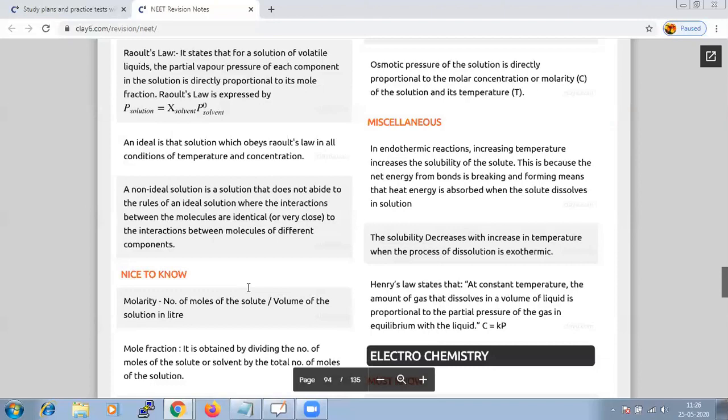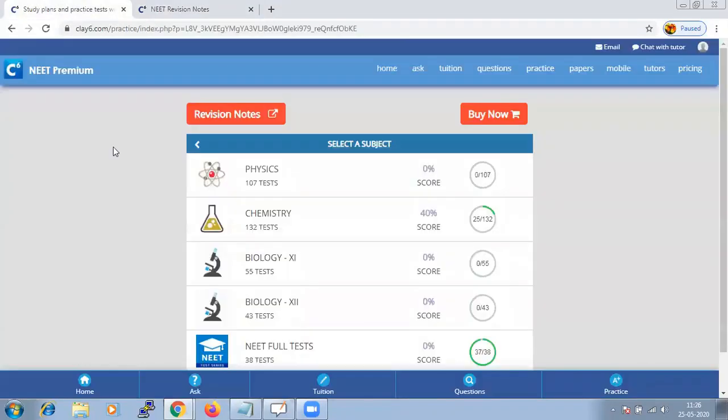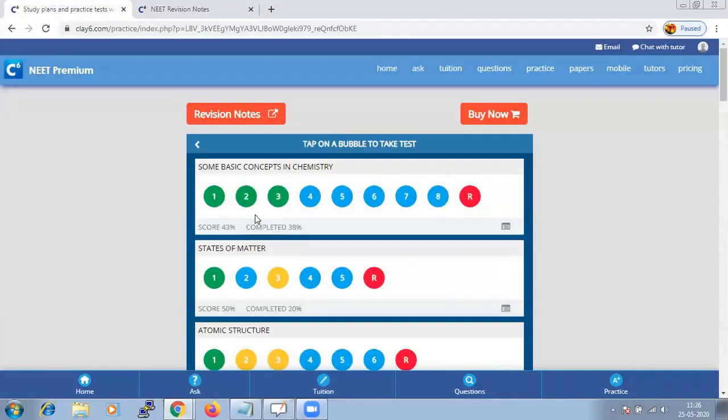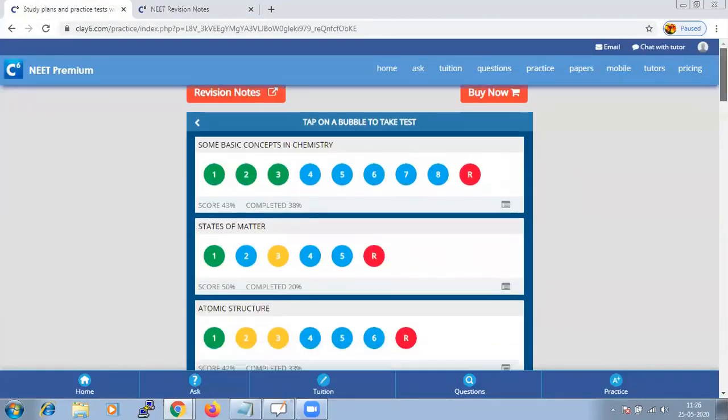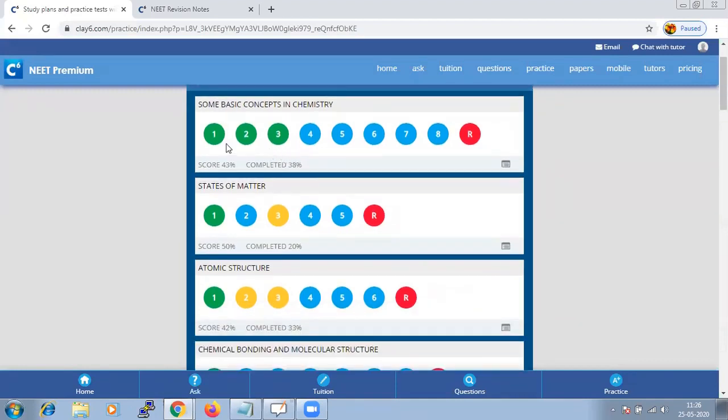Now this is what we have based on the concept of the chapter. Based on the analysis of the concept, let us try taking a test and see how much we have understood. Let us go to chemistry, and since we are doing the chapter Solution today, look at the colors here. Each bubble is actually a test. Green indicates the test is already taken, blue means the test is in progress, that is partially taken, and orange means it is yet to be taken.